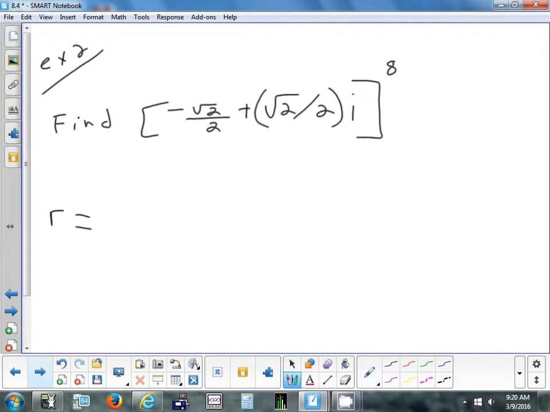So we're going to square x, and then we're going to square y. We're going to get the same thing when we square both parts. Anyone tell me what you get when you square this fraction? Root 2 over 2? Well, off to the side, what do you get when you square the top? 2.